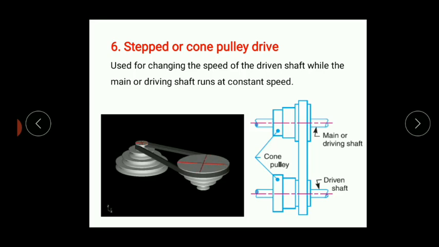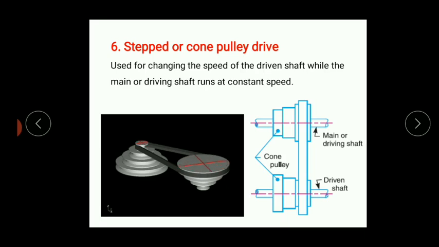Stepped or cone pulley drive. To change the speed between the driving shaft and the driven shaft, a stepped or cone pulley drive has to be used. If the driving pulley has a lower radius and the driven pulley has a higher radius, then the driven pulley runs at a smaller speed.